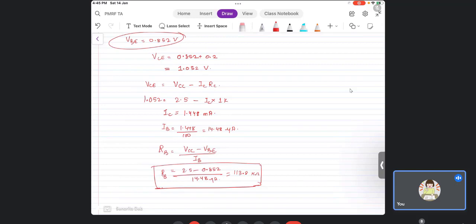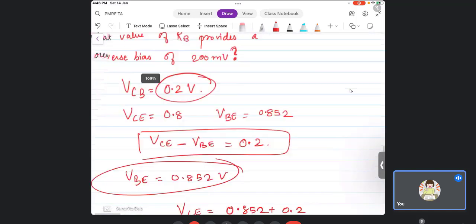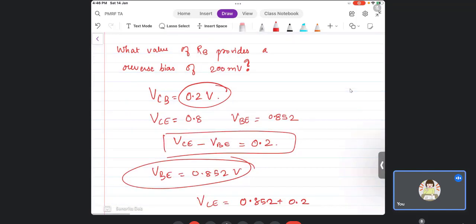So this is how the question can be framed. They can also ask you this question in two parts. Now you see that for simple biasing, as you change the value of the base resistor, you change the value of the base current, and therefore you change the node voltages as well. So the biasing will change, and now I have got a margin of 200 millivolts between my VC and VB.